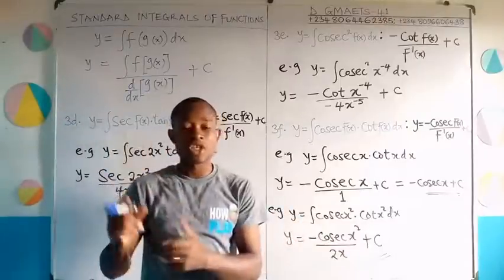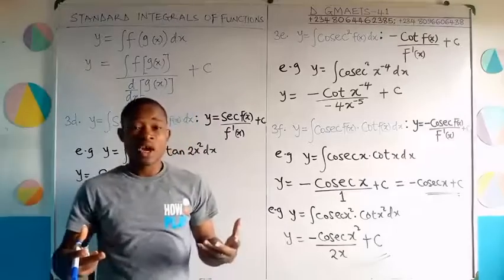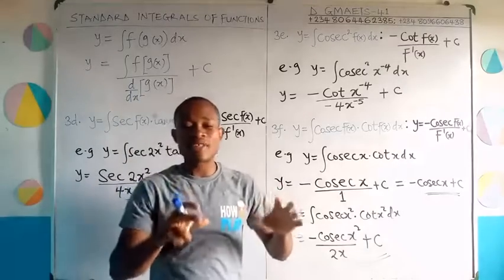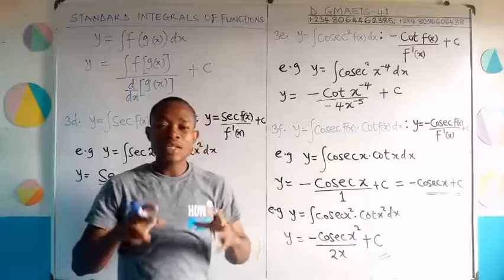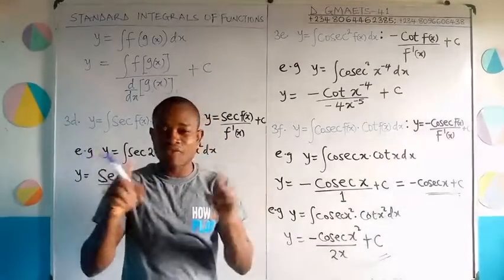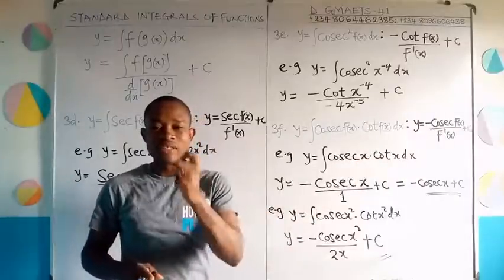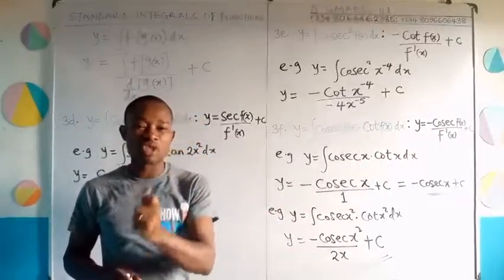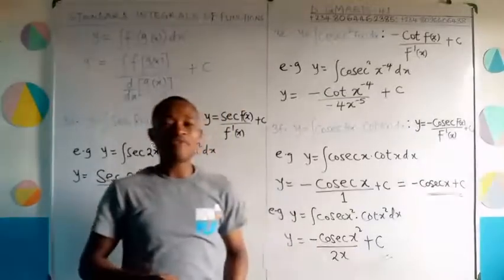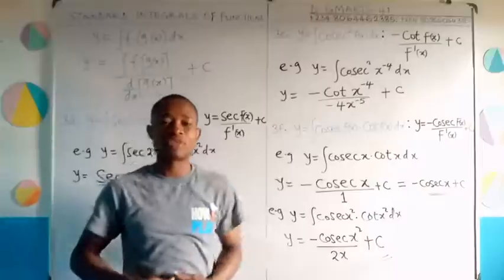Under differentiation, and I would like you to refer back to my differentiation video, under standard derivatives, we did not differentiate any trig function to get tan. I repeat that. We did not differentiate any trig function to get what? Tan. Therefore, you cannot integrate tan to get any trig function.